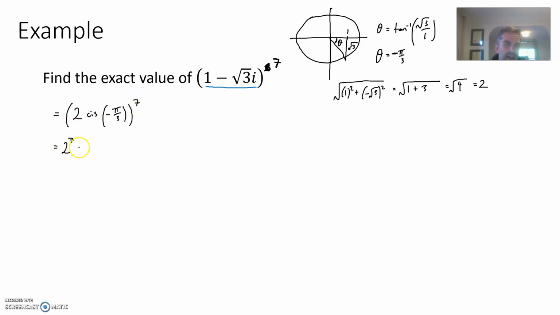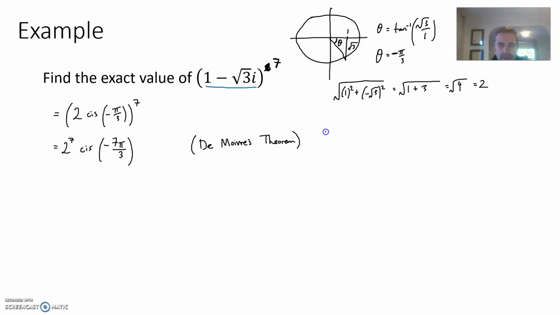Okay, that bit's easy enough. And then we're going to multiply the 7 by the angle, so it's going to become negative 7 pi over 3. So this is where we're using de Moivre's theorem.